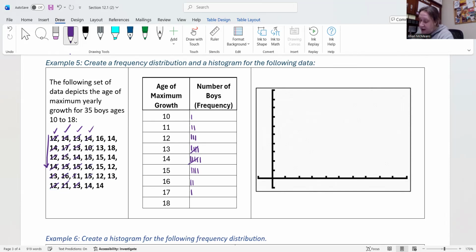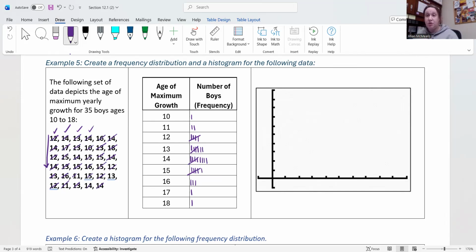For the next column, we have 16, 13, 15, 15, 12, 14. For the last column, we have 14, 18, 14, 12, and 13.